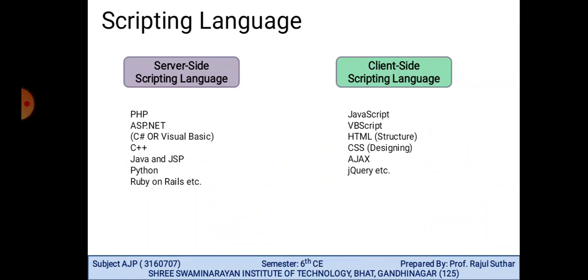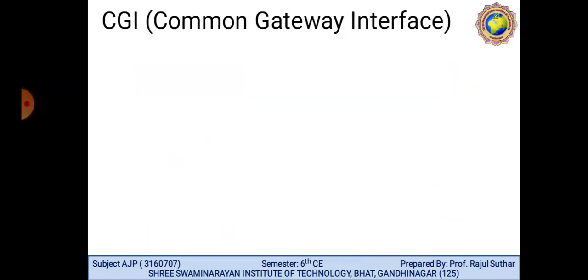So JavaScript is client-side, VBScript, HTML structure, CSS cascading style sheets required for designing, and Ajax as well as jQuery are also client-side scripting languages.